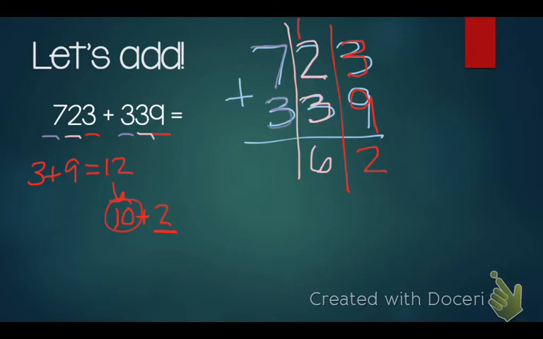Now 7 plus 3 gives us 10, and 10 is a 2-digit number. However, because we have no more digits in our numbers that we're adding together, we're going to be able to write 10. If we had numbers in the thousands place, we'd have to keep carrying. But because we don't, we're done. So our final answer to this problem is 1,062.